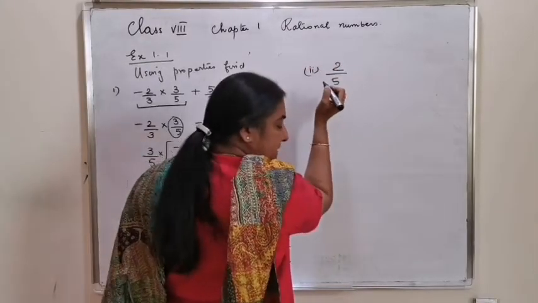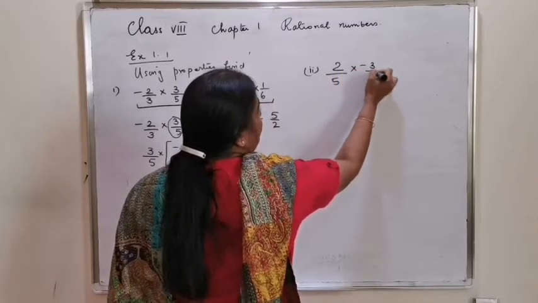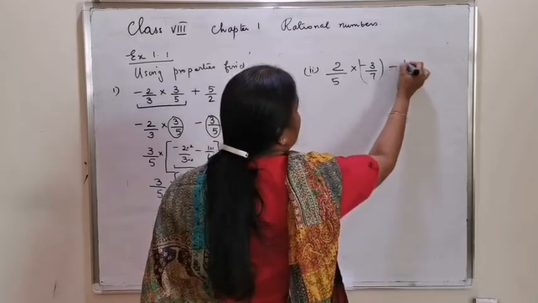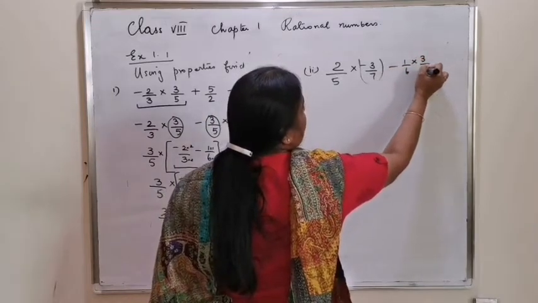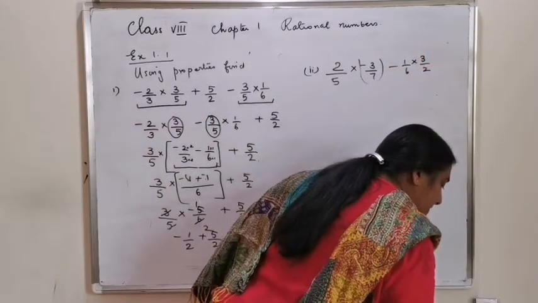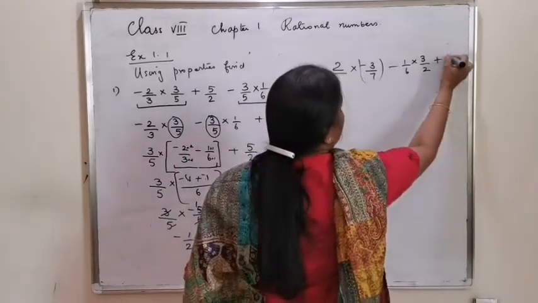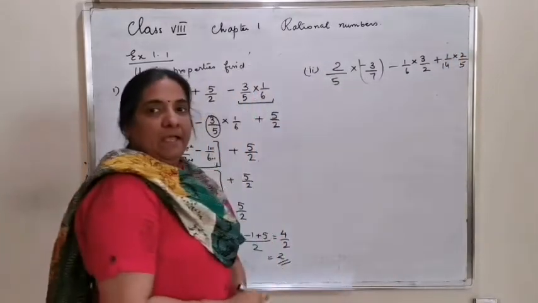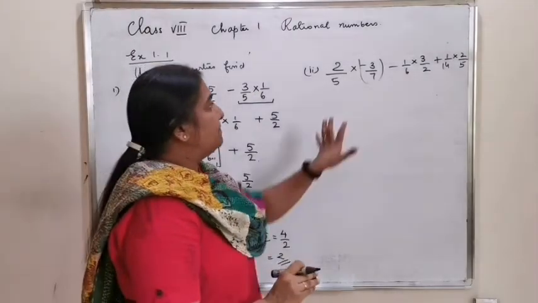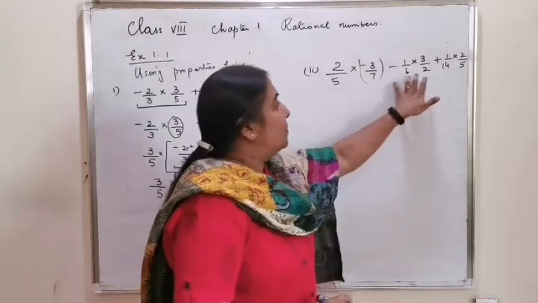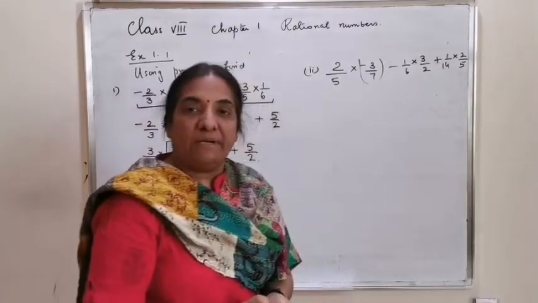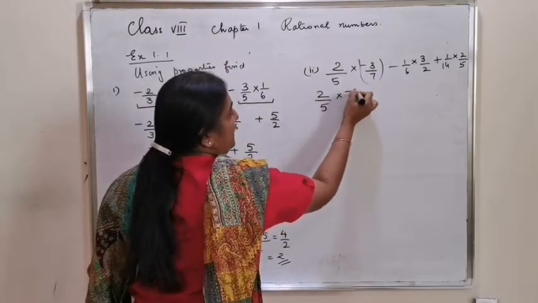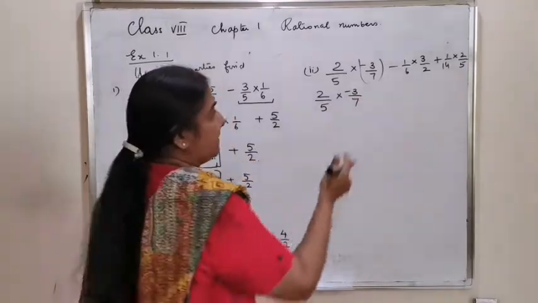The second question, 2 by 5 into minus 3 by 7 minus 1 by 6 into 3 by 2 plus 1 by 14 into 2 by 5. As I am telling you, pick out the terms where you have common numbers. So 2 by 5 into minus 3 by 7.